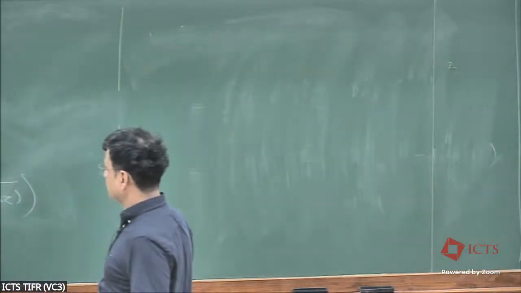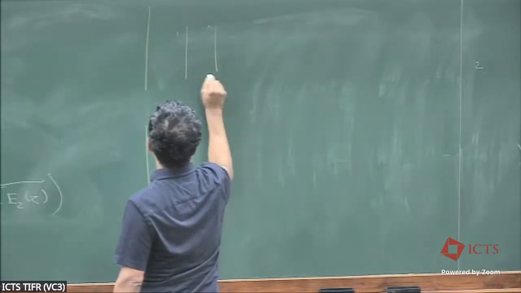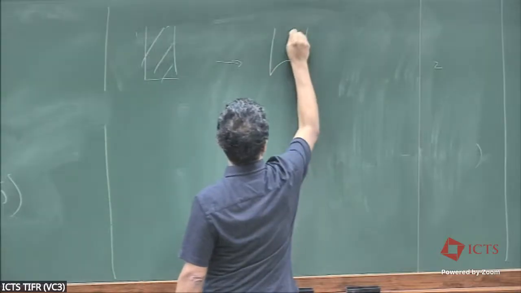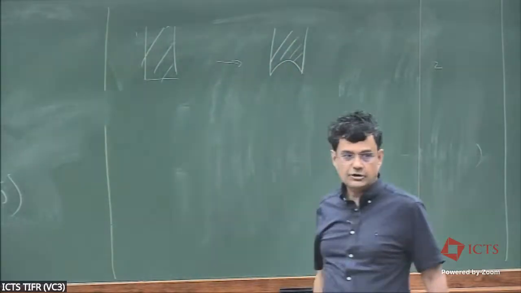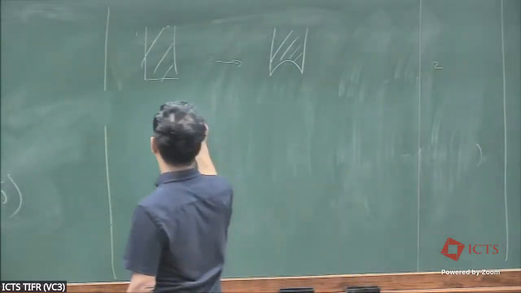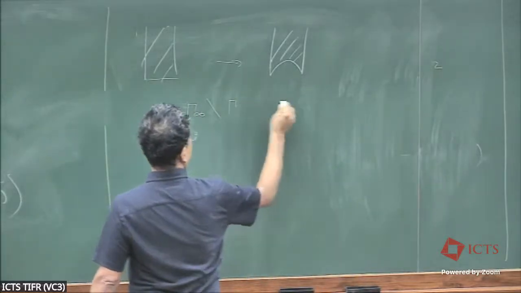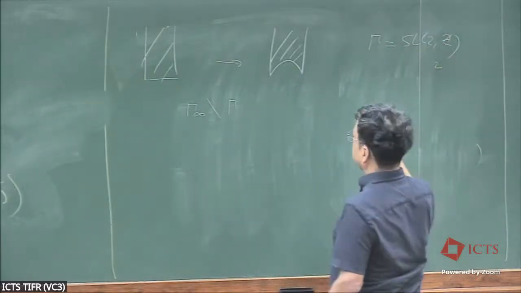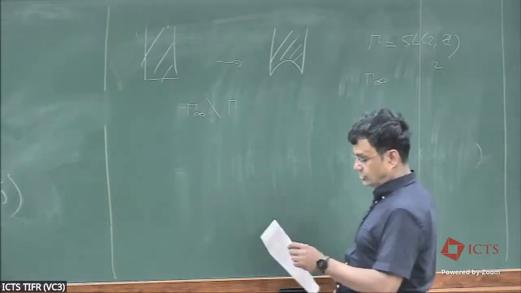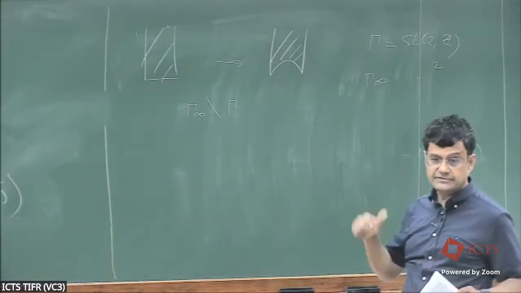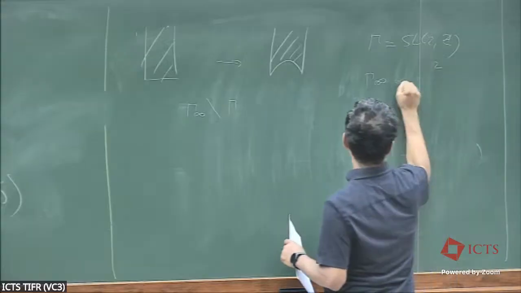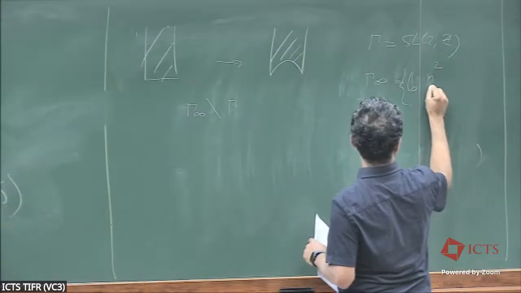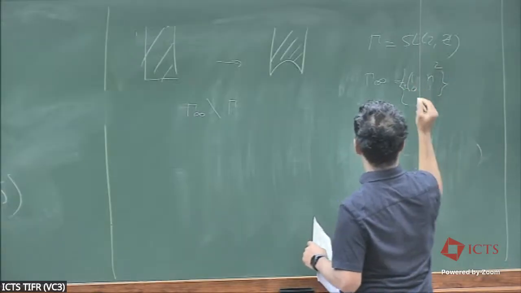Now, the thing is that this domain can be mapped to the fundamental domain by modular transformations which belong to Gamma infinity by Gamma. So if Gamma is SL(2,Z), and Gamma infinity is the group of translations which leave the infinity fixed, which are basically generated by translations like that, maybe plus or minus 1, I forget.